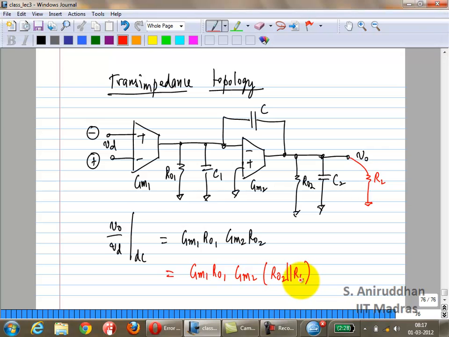GM2 RL could be pretty small, but that is boosted by GM1 RO1. So you can still get significant DC gains from this two-stage topology. In the single stage, you could never do that because you have only one node at the output, which is the high impedance node. If you add a resistance in parallel, you have already lost that high impedance node.